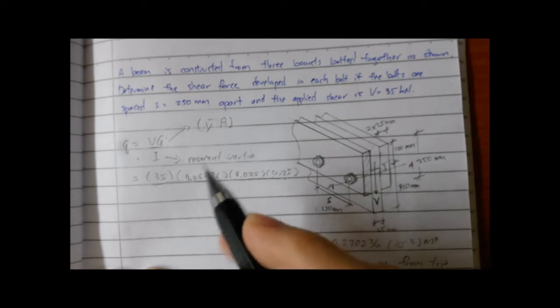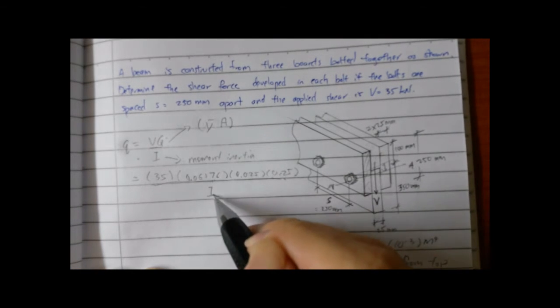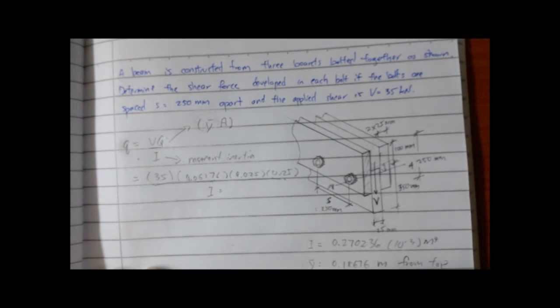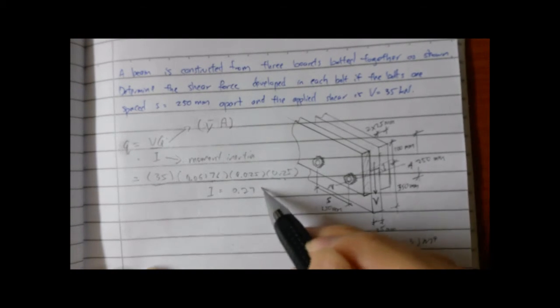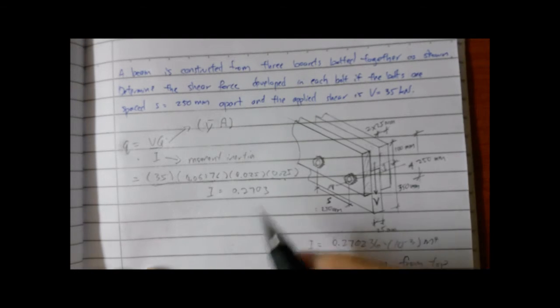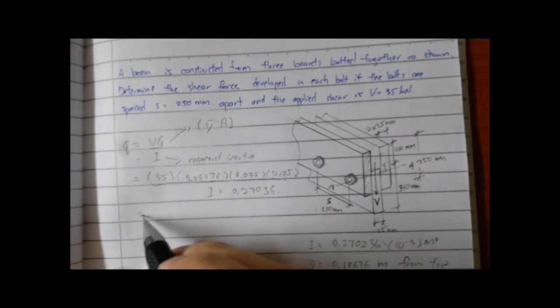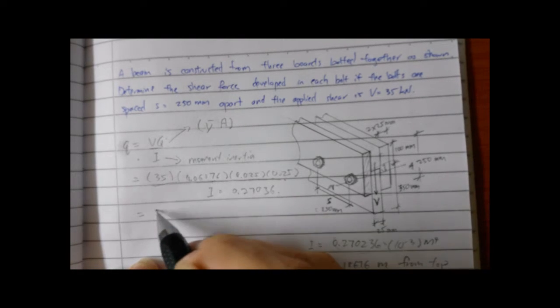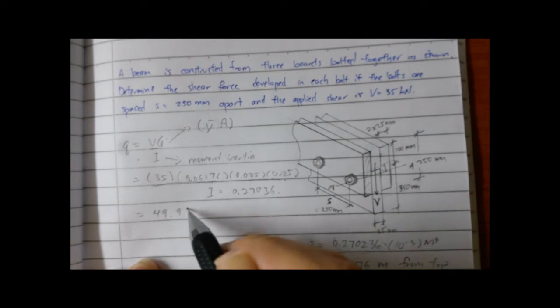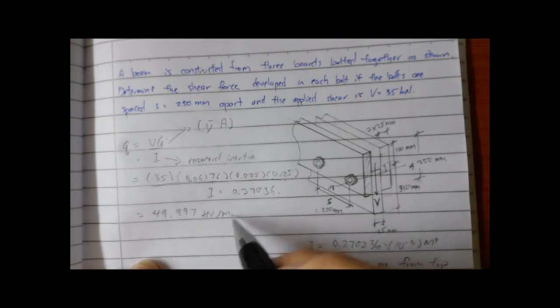Then I is this one. Then the answer is 49.997 kilonewton per meter.